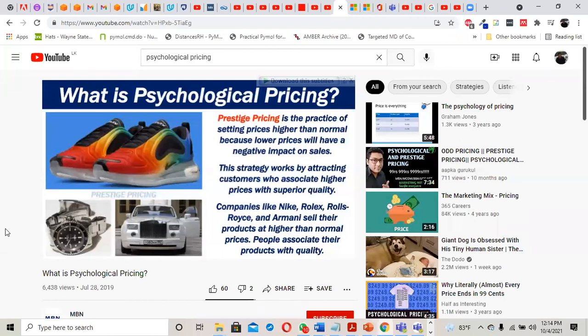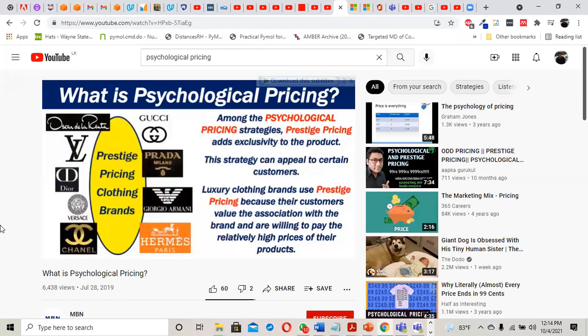People associate their products with quality. Among the psychological pricing strategies, prestige pricing adds exclusivity to the product. This strategy can appeal to certain customers. Luxury clothing brands use prestige pricing because their customers value the association with the brand and are willing to pay the relatively high prices of their products.